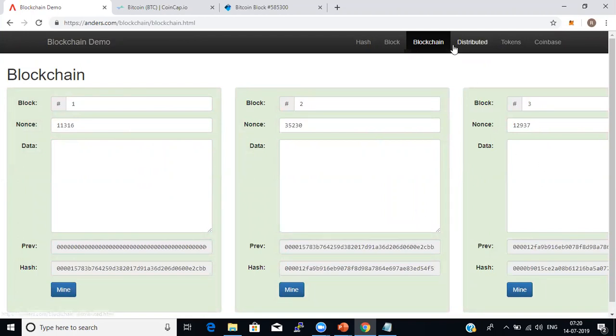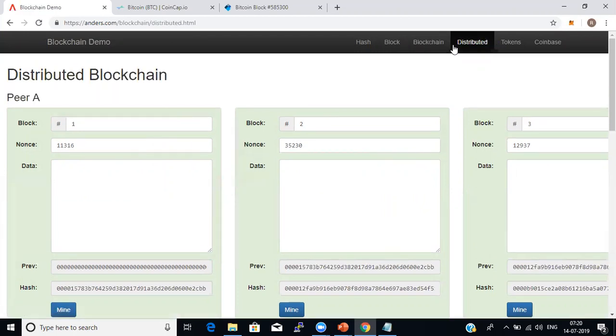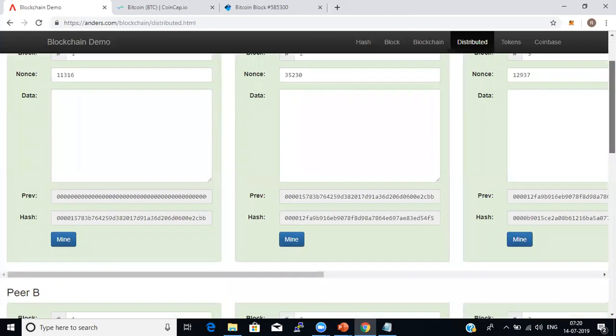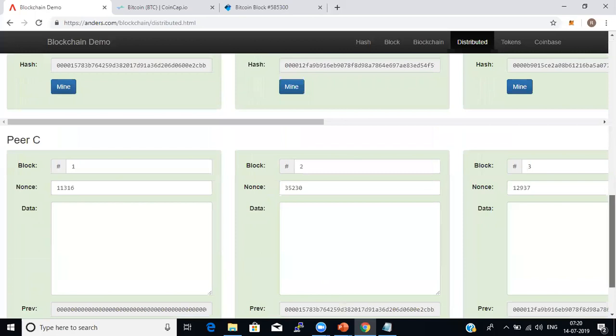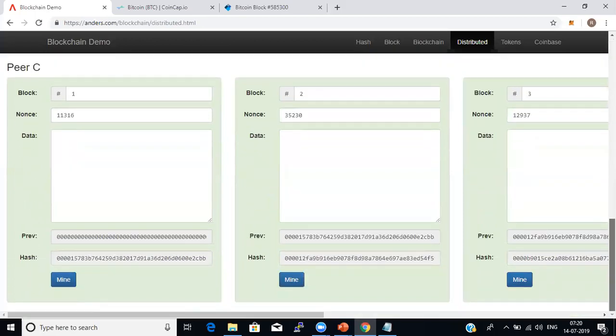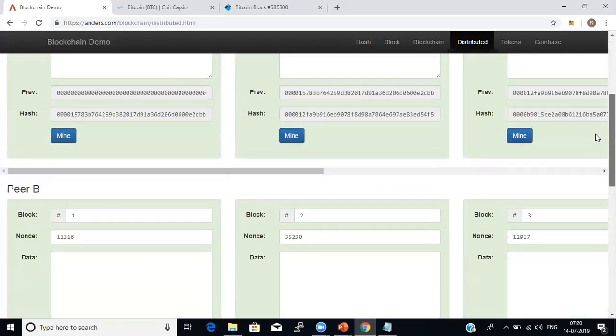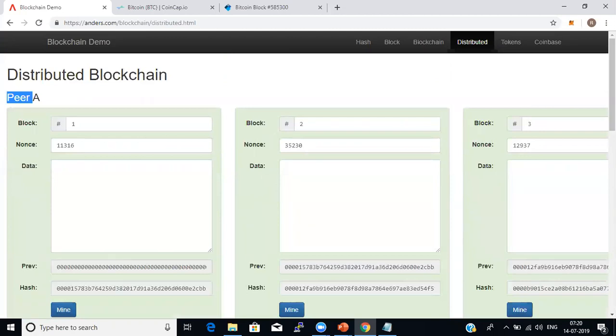Next, how will the blocks be in a distributed system? A distributed system means there are more peers. So think that the same blocks, block number 1 to 5, are there in different nodes in the network: peer A, peer B, and peer C. Peers A, B, and C you can think of as 3 different servers, or 3 different peers, or 3 different nodes.